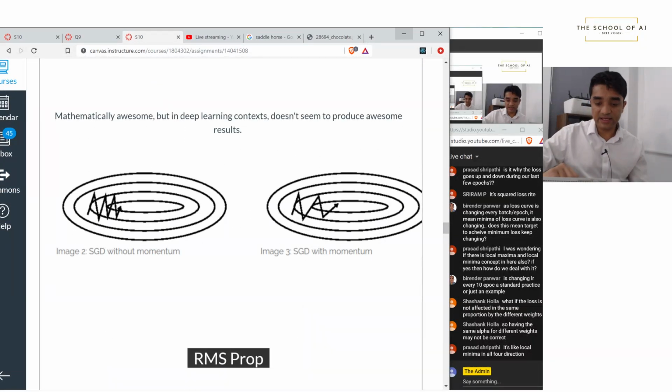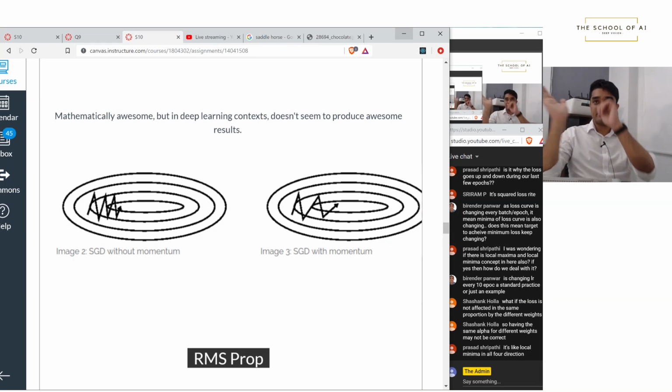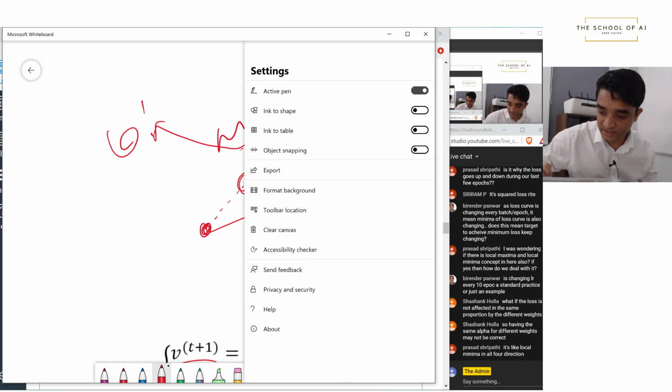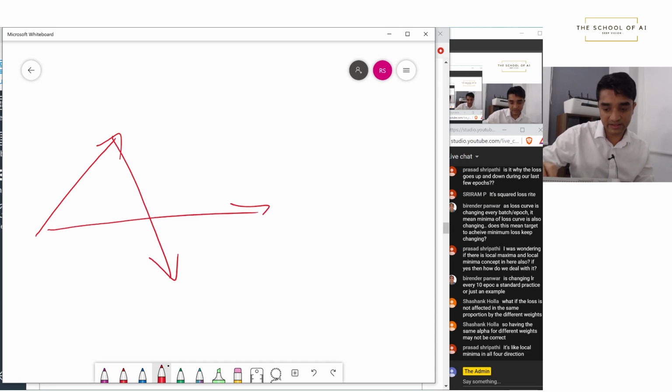So what is happening is that in SGD without momentum, you will just keep on shuffling. But when you have momentum, see, last time I went like that, this time you're asking me to go like this. What exactly am I going to do now? The vector is going to be straighter. So basically we are fixing what problem using momentum. Last time you sent me like that because of the loss function. Now you're asking me to go like this. I actually want to go like that.